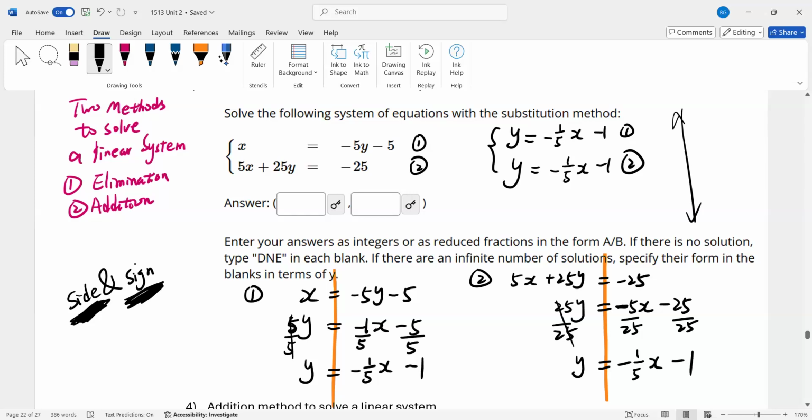Okay, so this is how you do it, all right? Since this system has infinitely many solutions, specify their form in the blanks in terms of y. Okay, this is what you do. In terms of y.